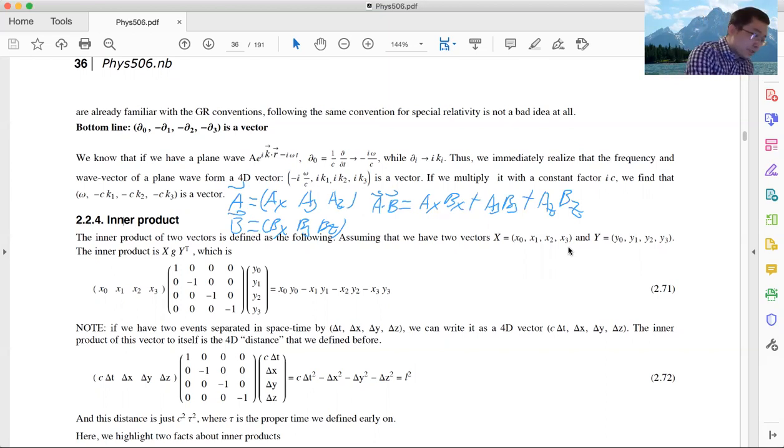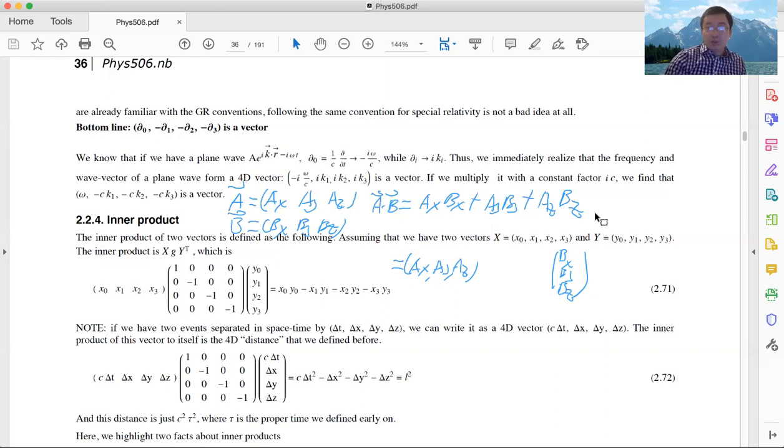This inner product can be rewritten in a matrix form: AX AY AZ, which is a row vector, and I will write BX BY BZ as a column vector. The multiplication of a row vector and a column vector together is its inner product. That's another way to understand the inner product.